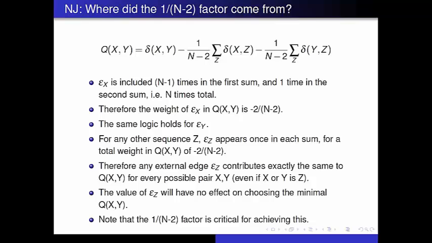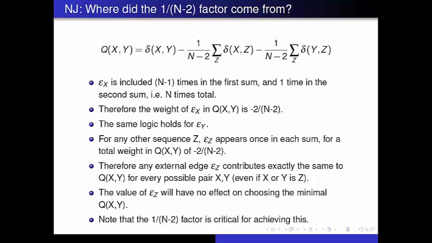Okay? So basically we're saying take one of the sequences that has a known neighbor B, and now consider its Q versus any other sequence C, in other words QAC, and now we're going to consider how different kinds of internal edges contribute to QAB versus QAC.